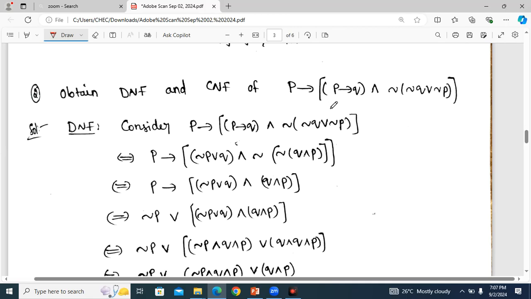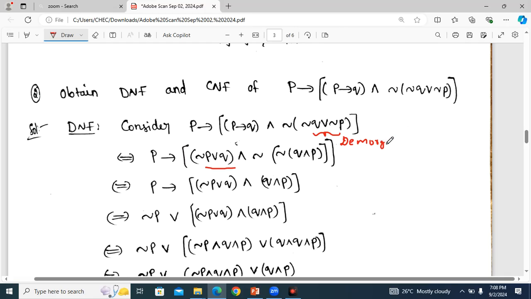For P implication Q, the equivalent formula is negation P or Q. We replace P implication Q with negation P or Q, and then negation Q or negation P. Here we apply De Morgan's law. De Morgan's law: negation of (P and Q) is equal to negation P or negation Q.